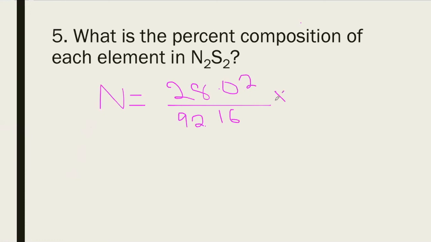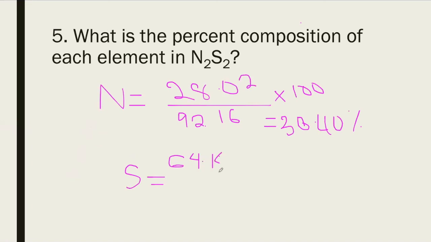So percent composition, N is 28.02 over 92.16 times 100, and that will give you 30.40%. And sulfur, 64.14 over 92.16 multiplied by 100, that will give you 69.60%.